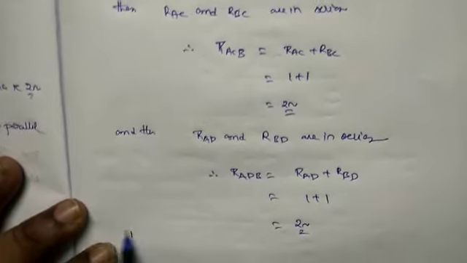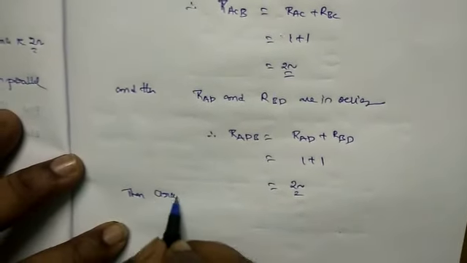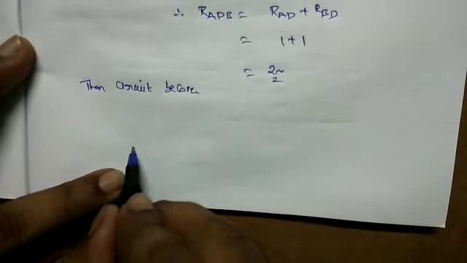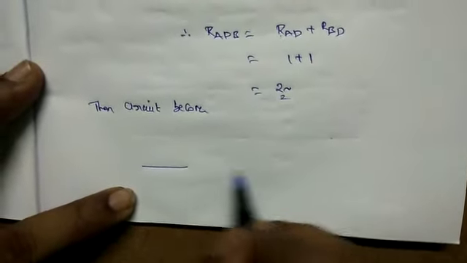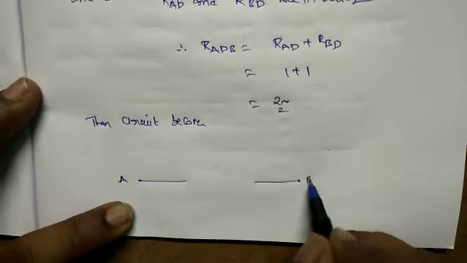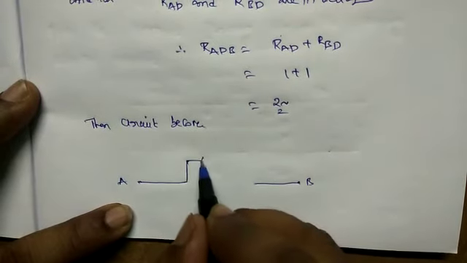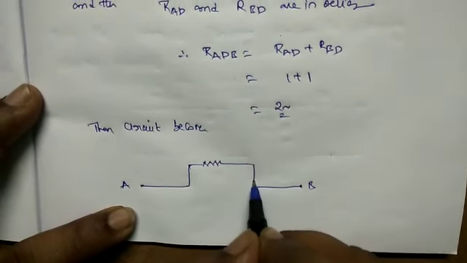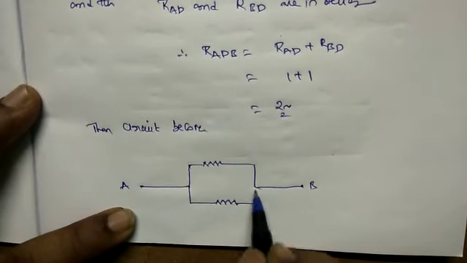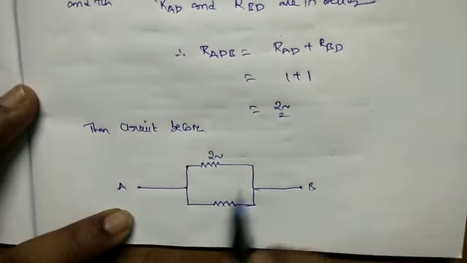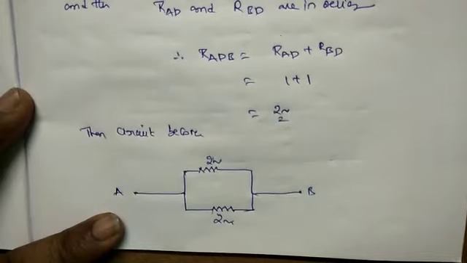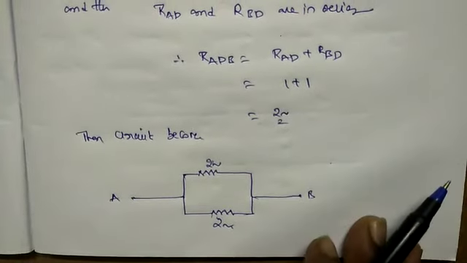So then the circuit becomes like this. This is 2 ohms and this is 2 ohms. Now these 2 ohms are in parallel. So this is the simplification of the entire circuit diagram.